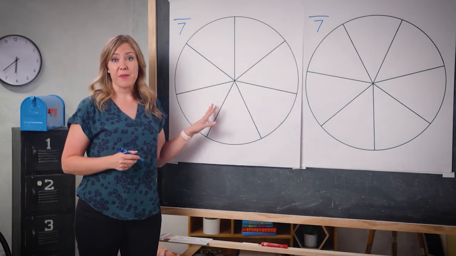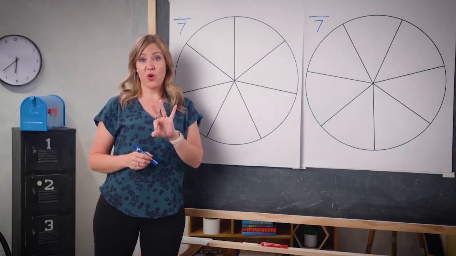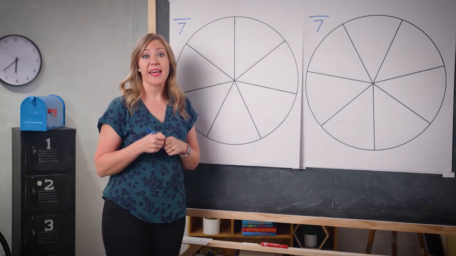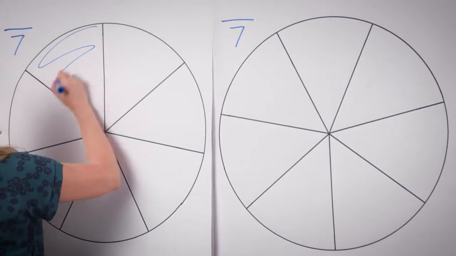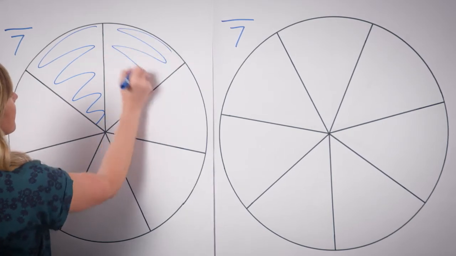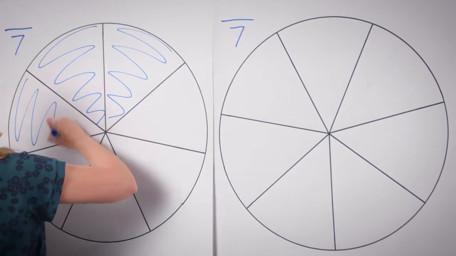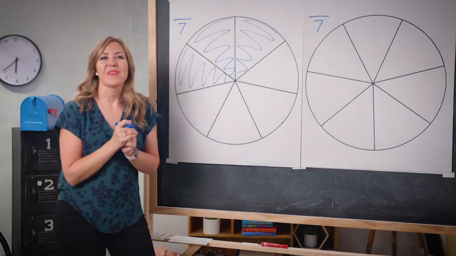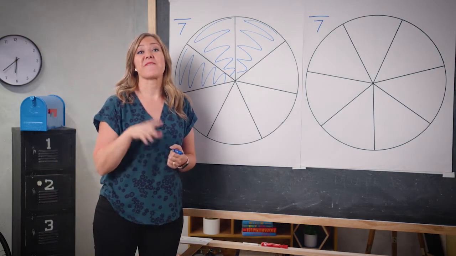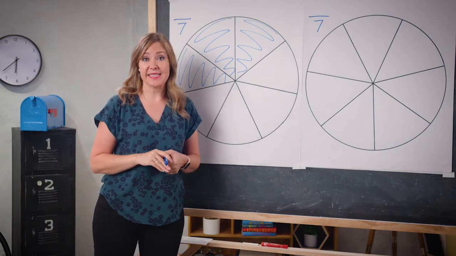Now, on the first area model, we said that 3 parts of the whole, or 3 slices, were eaten. So let's shade that in. On the second area model, we said that 5 parts of the whole, or 5 slices of the pizza, were eaten.